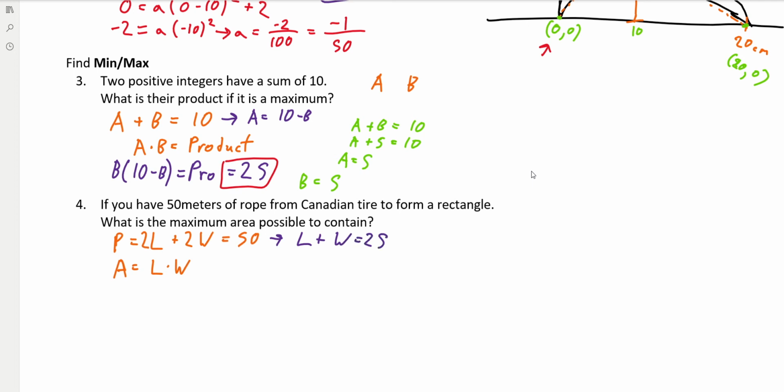Then we get L equals 25 minus W. Now we can plug that in for our L value, so we get W times 25 minus W, and we're looking for the maximum. So all we have to do now is plug this in.